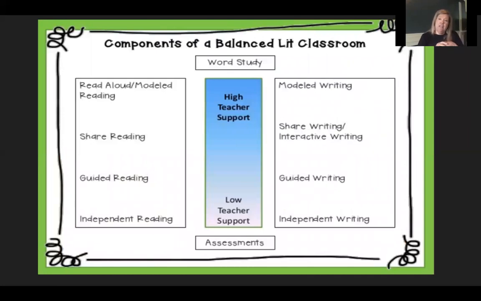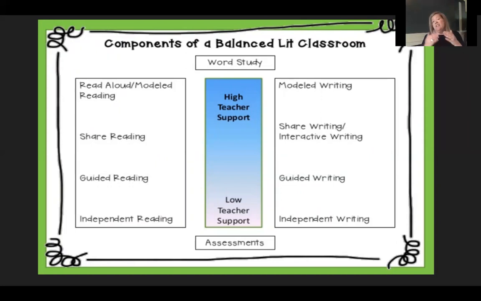And the other really key component of balanced literacy is it takes into account the best practices for gradual release in instruction. So for example, in this particular graphic that you see, in the center bar, high teacher support at the top, low teacher support at the bottom, and there's a gradual release of the methodology for instruction from more modeled, to interactive shared, to guided, where the teacher sits more on the side and sort of helps the students as they're doing it.